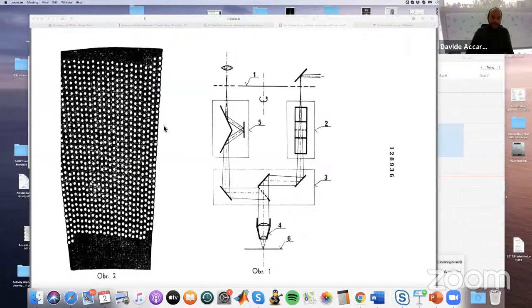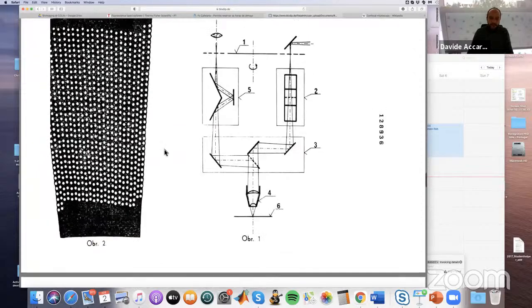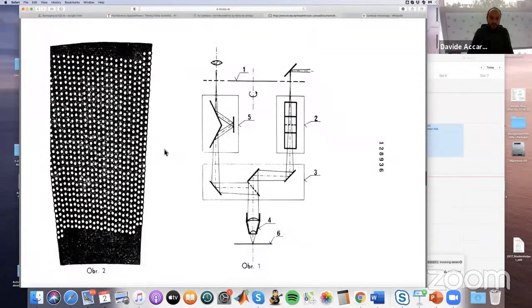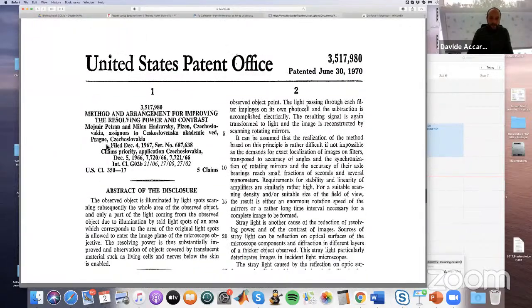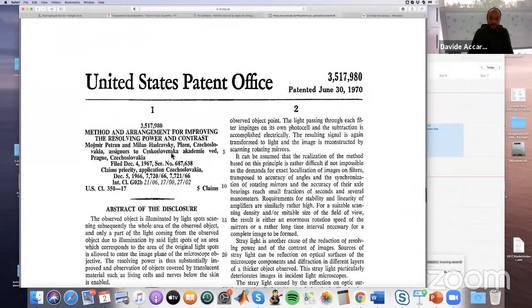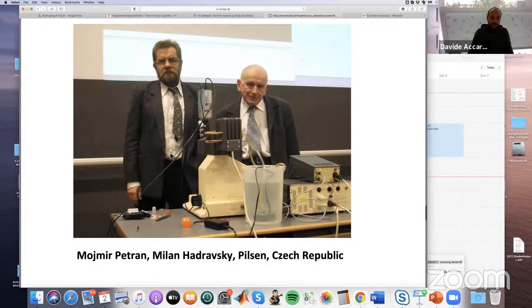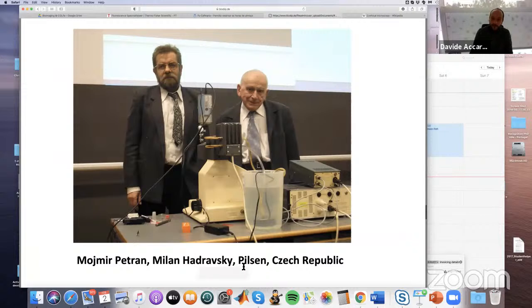So this is the scheme of the original patent of spinning disc microscopy, which was filed in 1967. You have to know that the inventors of spinning disc microscopy are these two guys, Petran and Adrasky. Milan Adrasky, I think, is still alive as of the last time I visited the Czech Republic, and they are both from Pilsen.